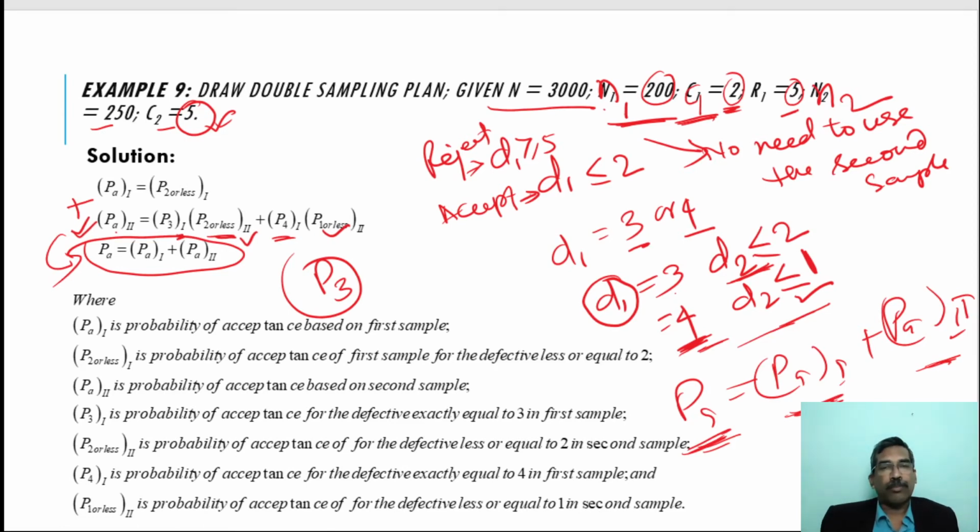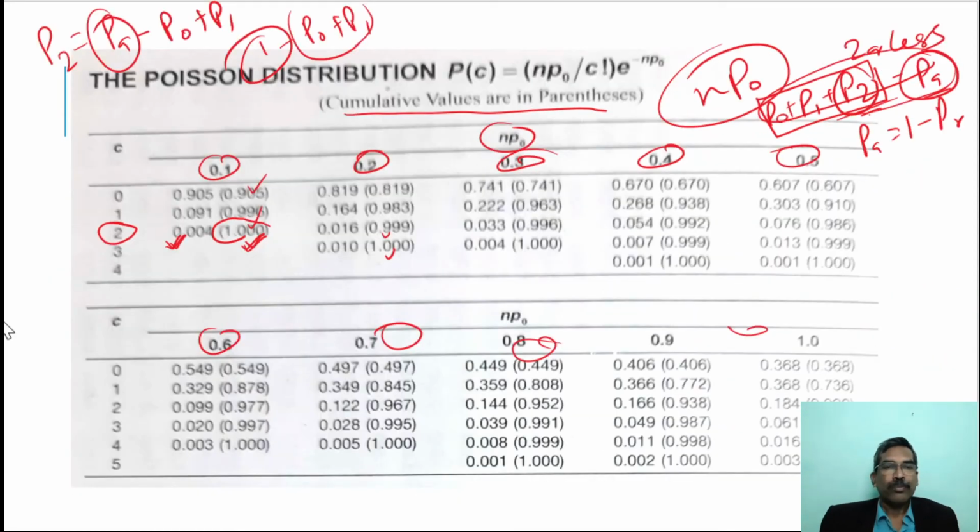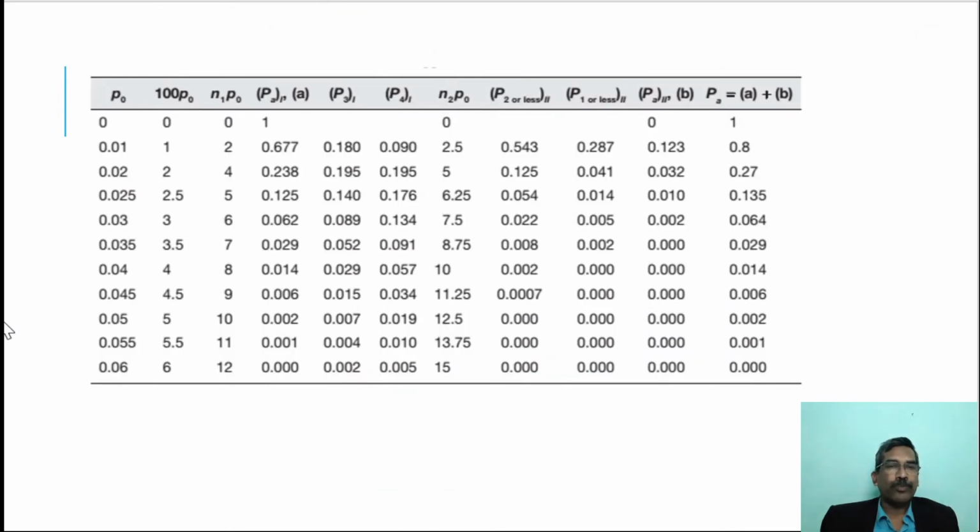Now this concept is used here. You can see this table. I have already explained how to take the value. Now you can see here we have considered the different values of P0, as usual in the sampling plans we have already discussed. Then this is 100 P0, this is N1 P0. Here N1 and N2 are different, therefore we have to write N1 P0.